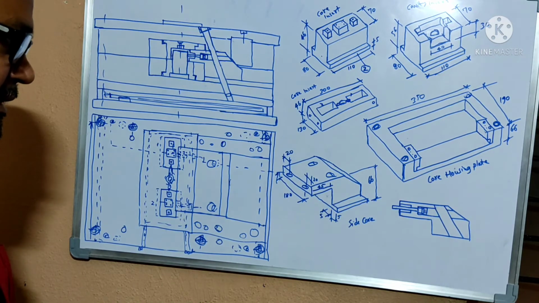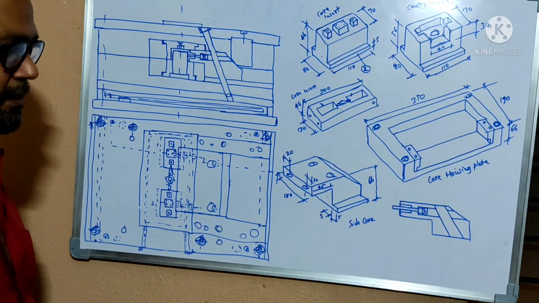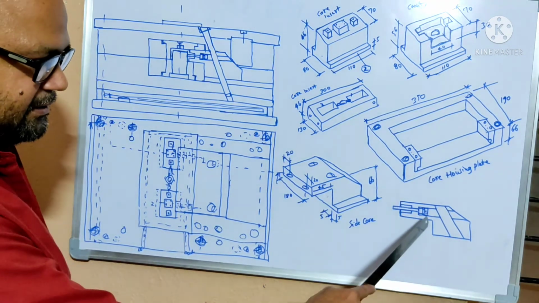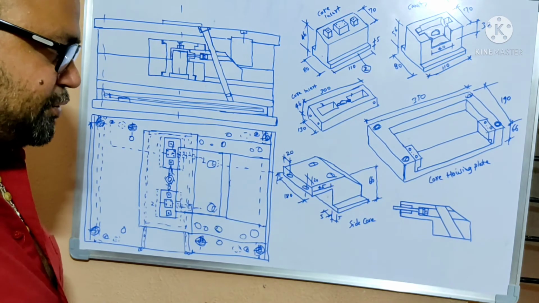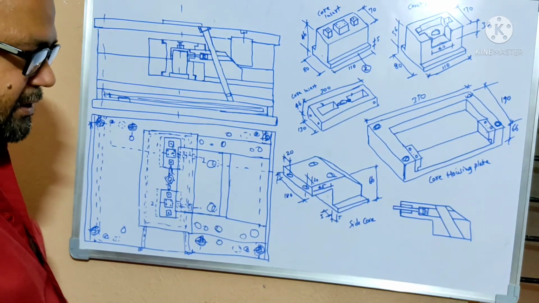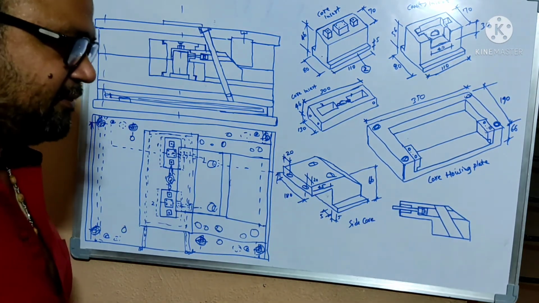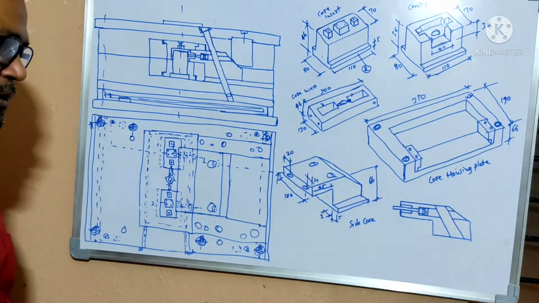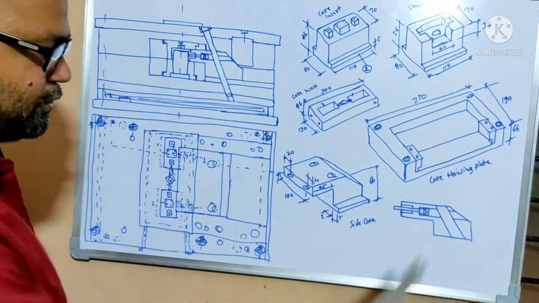Internal threading of M8 has been done, by which the grub screws are fastened perfectly from the back side, so that during the operation, when the molten metal enters the core by force, the pin should not come outside from the side core. So the core pin is secured perfectly by grub screws.